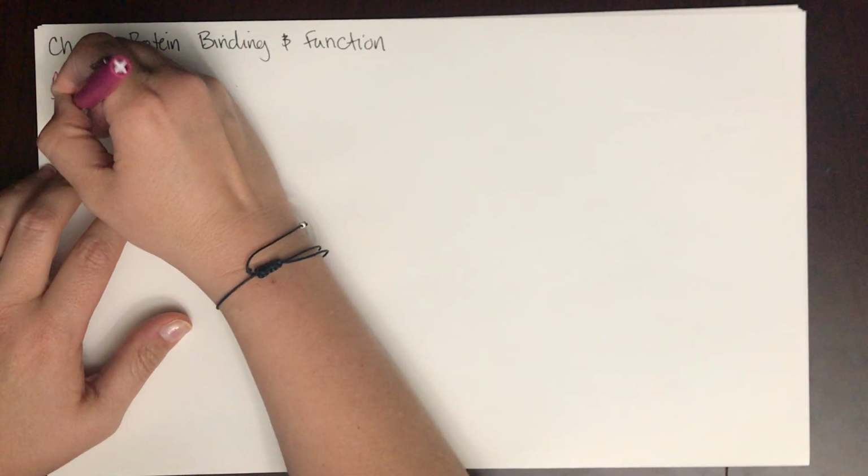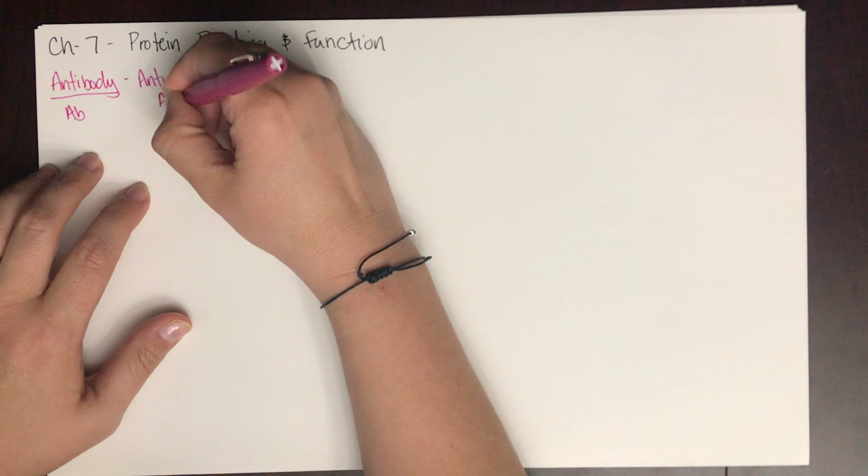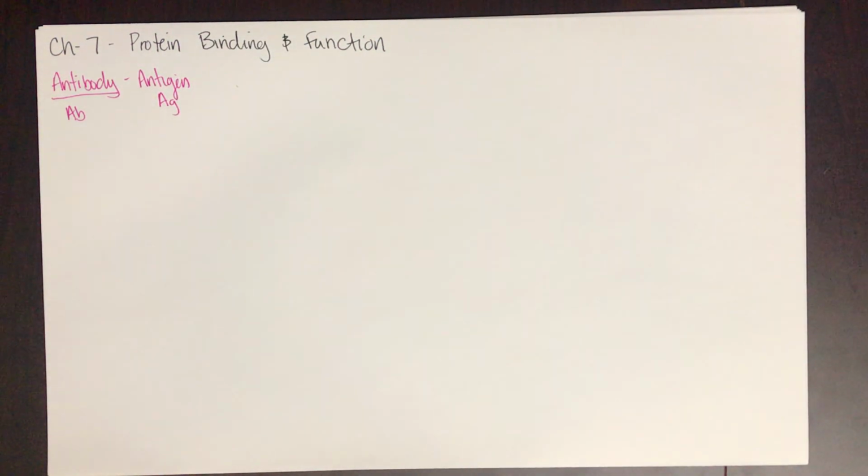You'll see antibodies abbreviated as AB and antigens abbreviated as AG. There are 5 major classes of antibodies, and you're not going to be responsible for knowing each of these, but these are produced in response to some non-self organism or molecule, which is what the antigen would be.